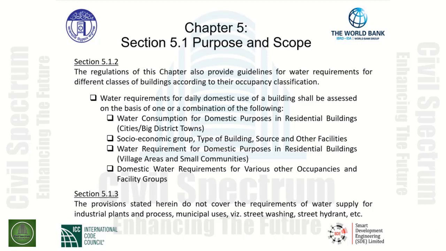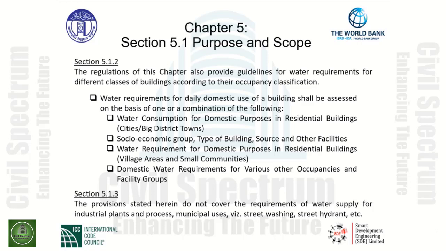Socio-economic group, type of building, source, and other facilities must be taken into consideration with respect to the demand of water that must be supplied to these facilities. Water requirement for domestic purposes in residential buildings. This is in village areas and small communities.